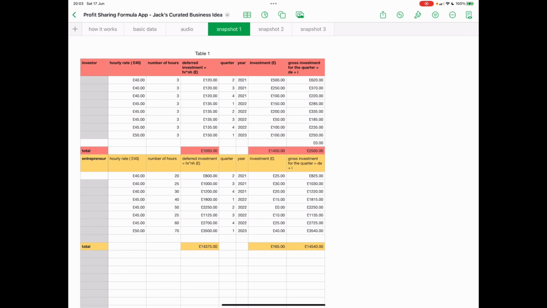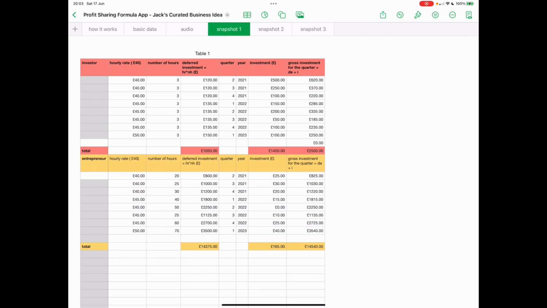So the total amount he put in from quarter 2 in 2021 to quarter 1 in 2023 was £1,450, as in raw cash into the business. And if you look at the deferred investment from the time he spent, that was about £1,050. So that is the total amount, which is the gross investment per quarter.